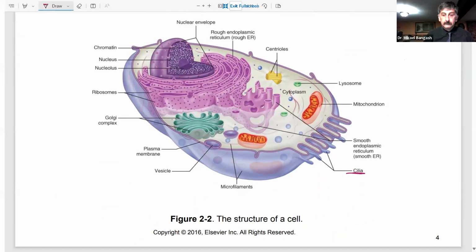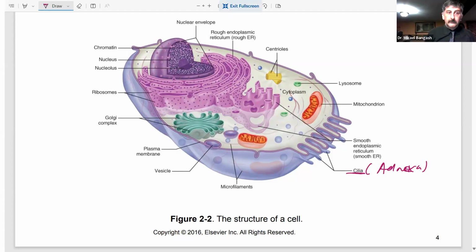Cilia. This is an example of an adnexa, a specialized organelle. It's not every cell that will necessarily be equipped with cilia.